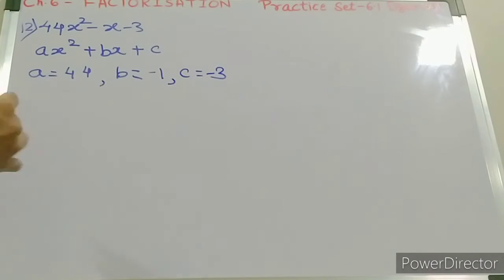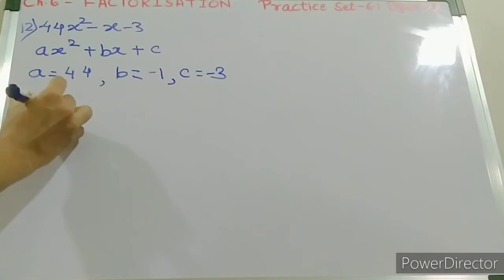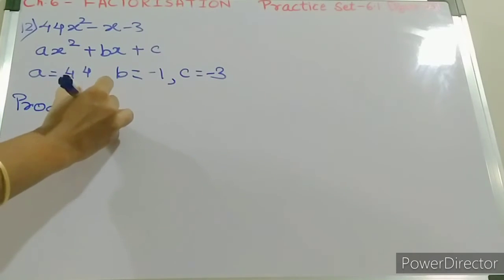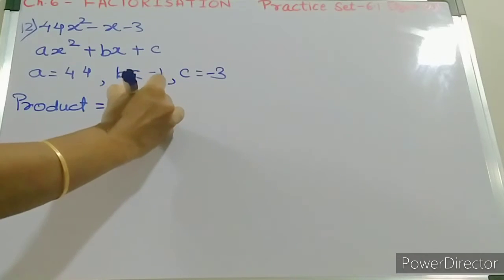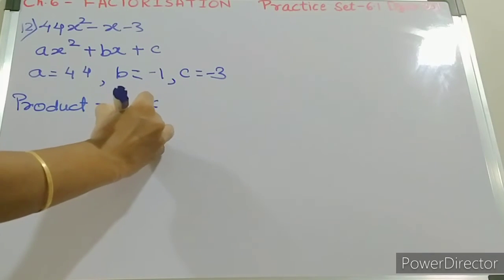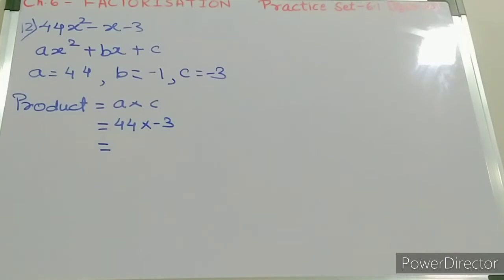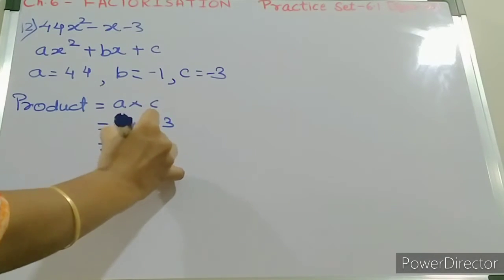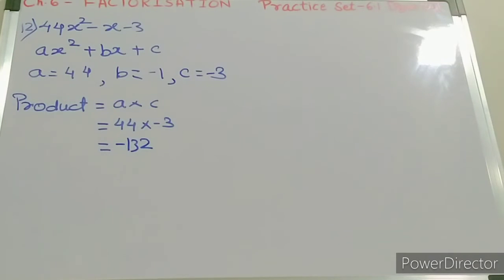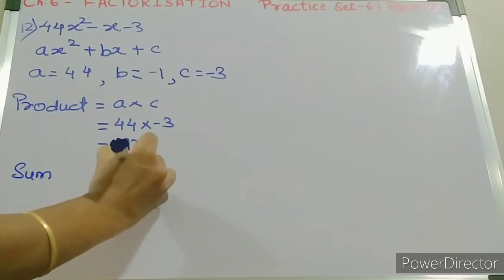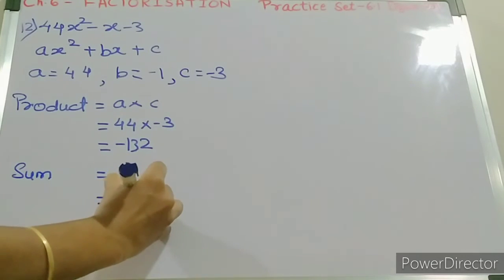Now we have to find factors in such a way that their product should be a into c, that is 44 multiplied by minus 3. The answer is minus 132, right? Next, the factors should be such that their sum is the b value, that is minus 1.